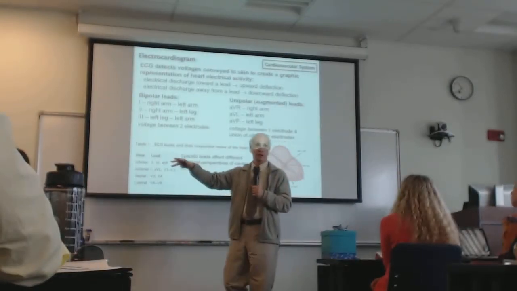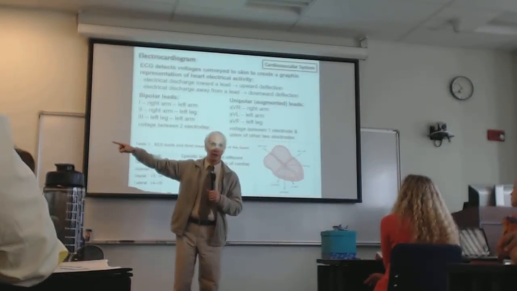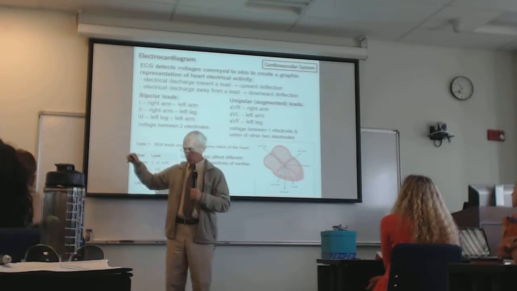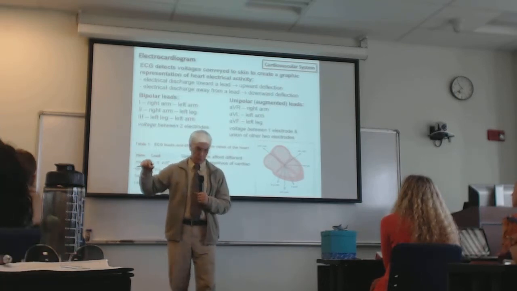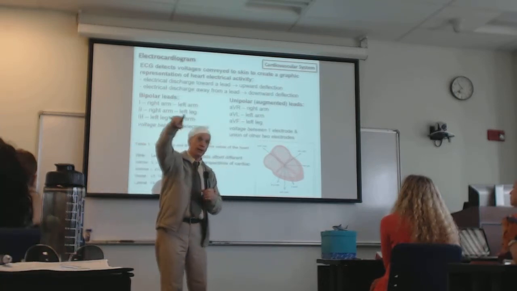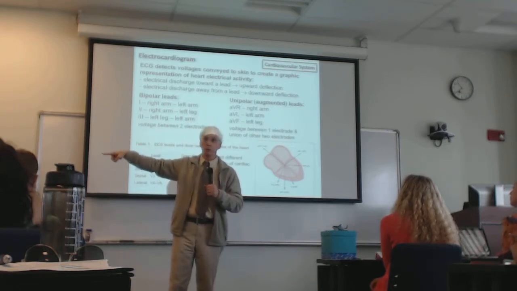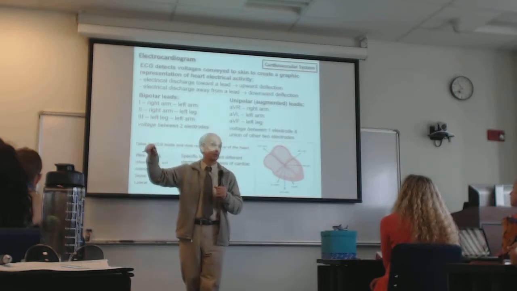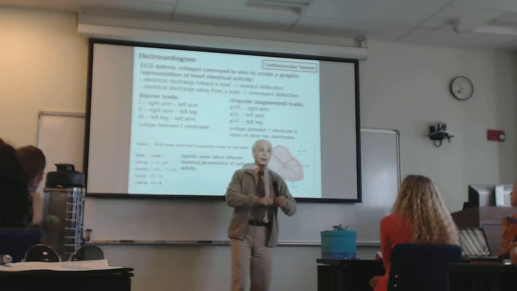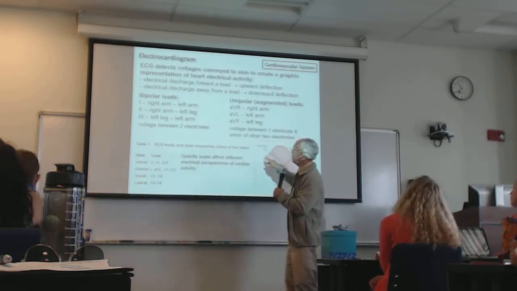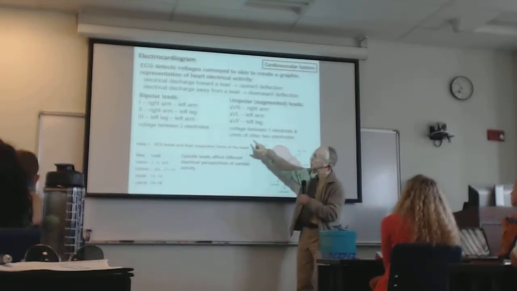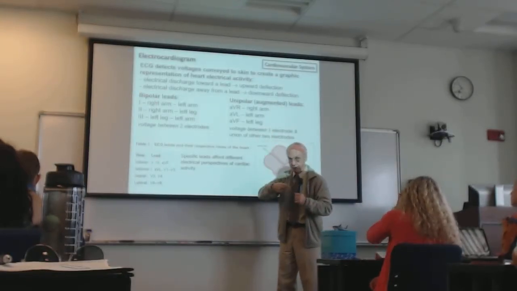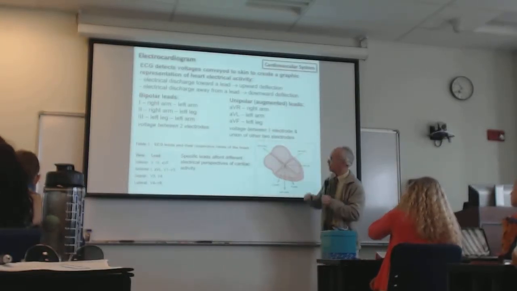If we had a symphony playing here, for example, and you're outside, you could take your ears or your microphone and go around the room and hear different things. Different physical locations at the perimeter of the symphony will yield different sounds. You might hear more violins in one, you might hear more drums in another. And that's the idea behind this arrangement, the precordial leads and the bipolar leads and the augmented leads.